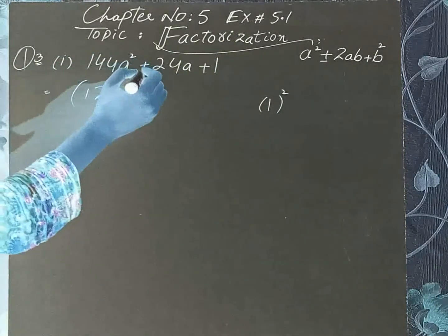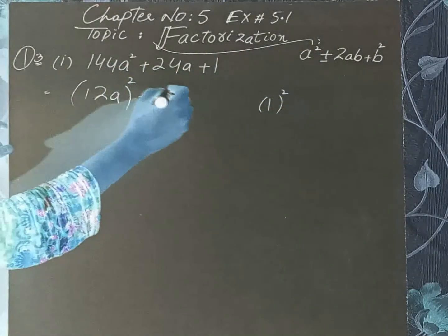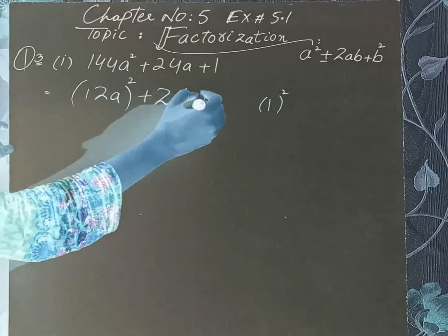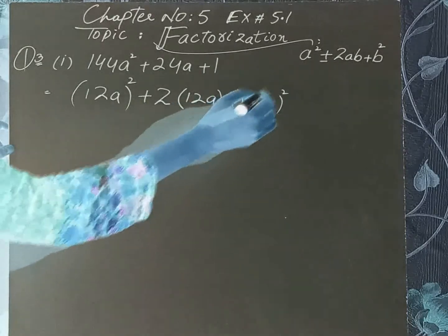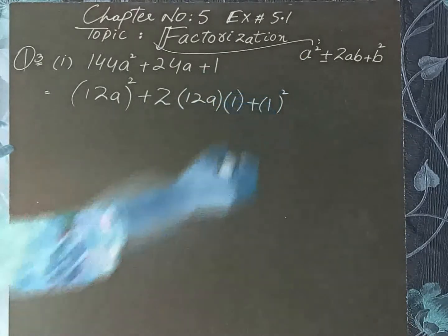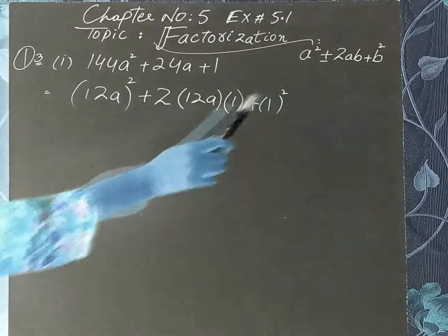Here there is a plus sign, so I will write plus. According to the formula I will write 2, then ab; in place of a I will write 12a, and in place of b I will write 1. You can see here the two terms are perfect squares, and we have completed this formula.